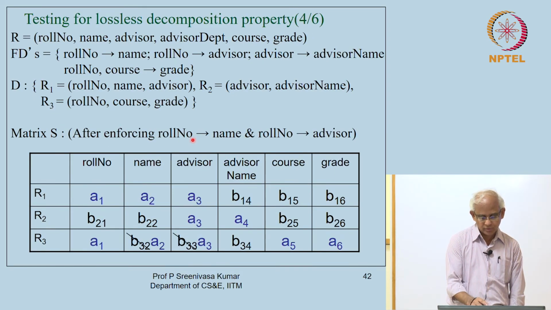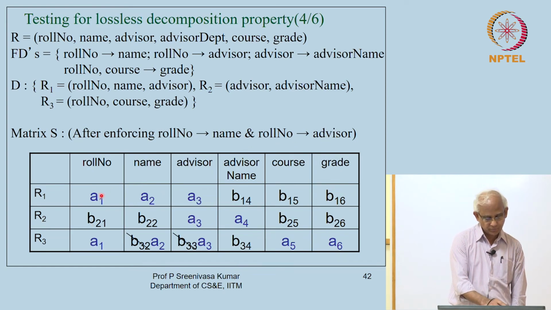After enforcing roll number determines name and roll number determines advisor, what happens here is that there are two rows that agree on roll numbers, A1 is A1. Originally it had B3 too. Now, we focus on the right hand side attribute, which is name, and in that column we have one A symbol.